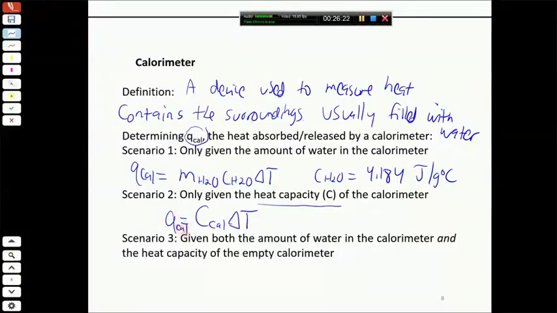So if you know the heat capacity, you know the delta T, you can measure the heat that's absorbed by the calorimeter itself. And then sometimes the third scenario is a combination of these two. So if the problem tells you how much water is in the calorimeter and the problem tells you the heat capacity of the calorimeter itself minus the water, then the total heat for the calorimeter is going to be the sum of those two.